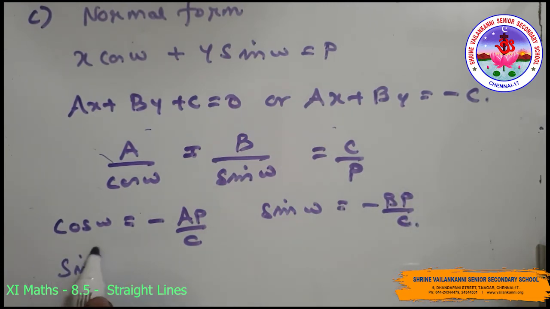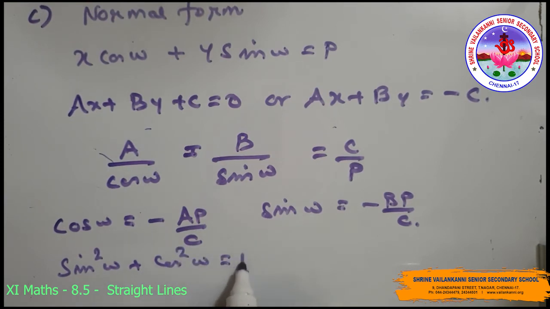So we have the identity sin² omega + cos² omega = 1.